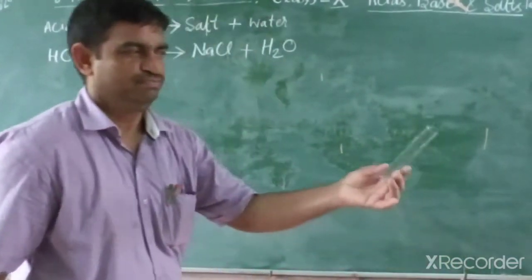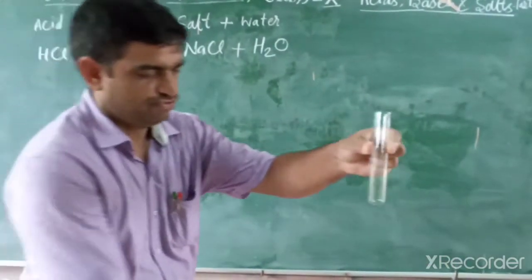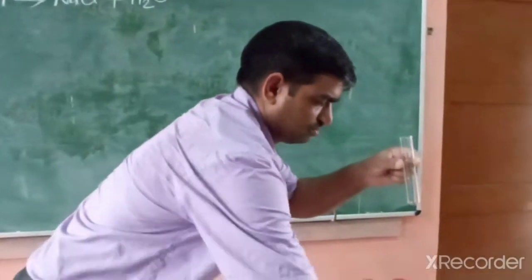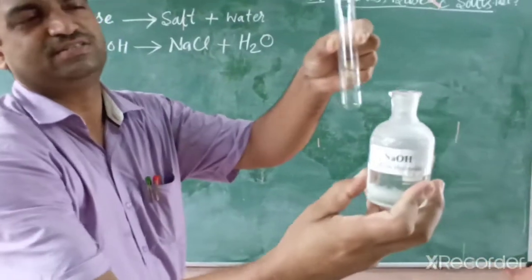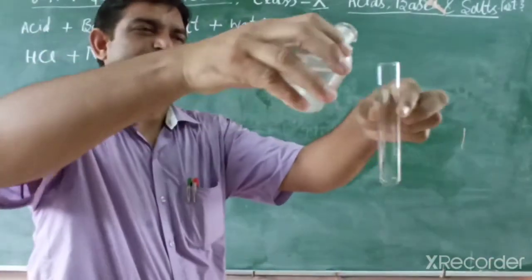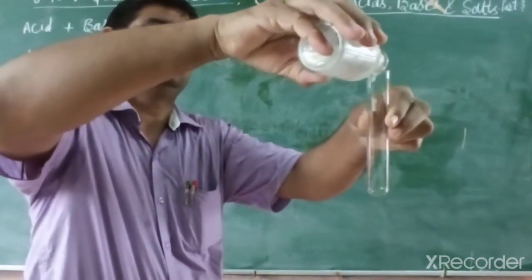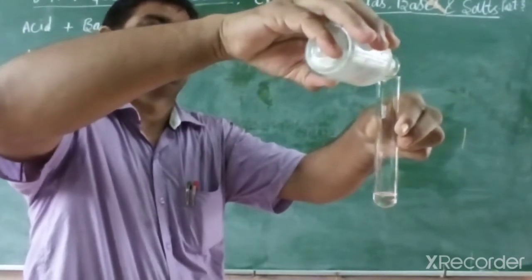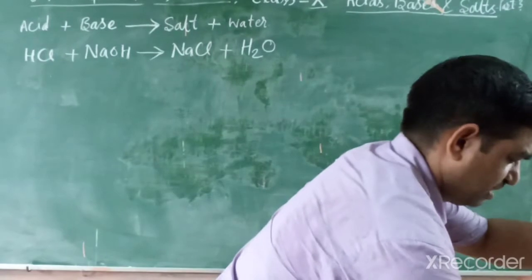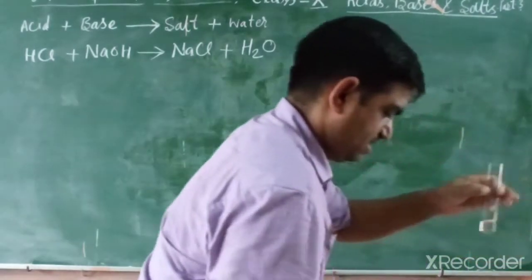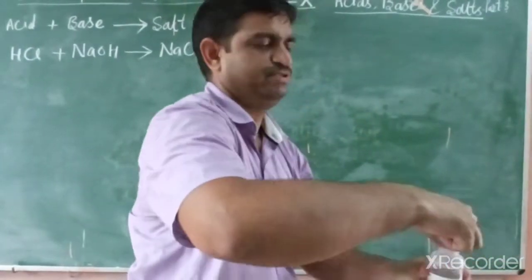In a test tube we are taking sodium hydroxide. This one is sodium hydroxide, this is a base. I put some sodium hydroxide in the test tube and add a drop of the indicator.